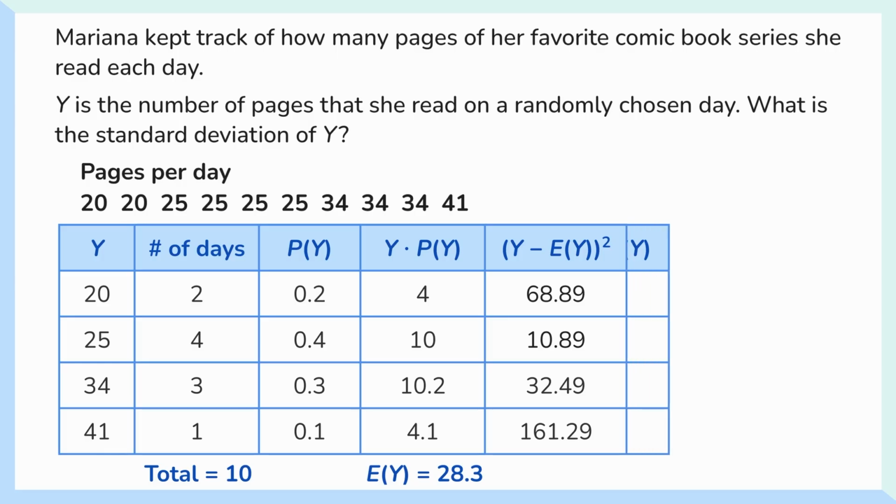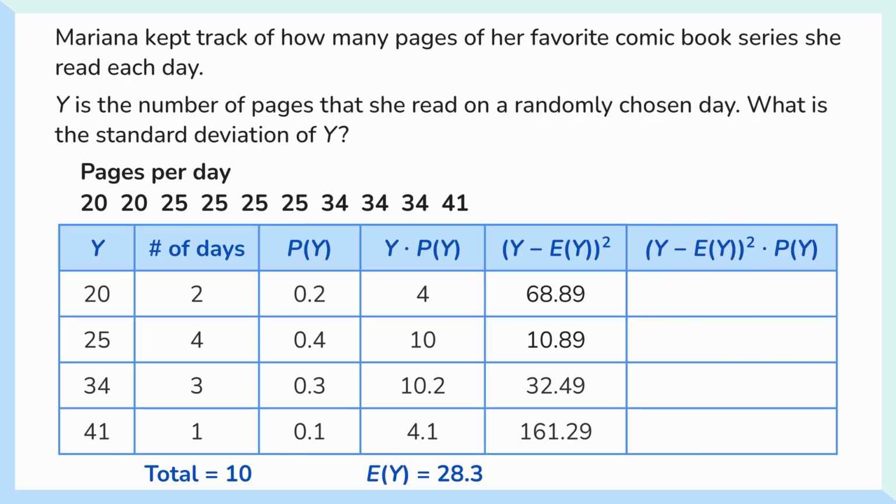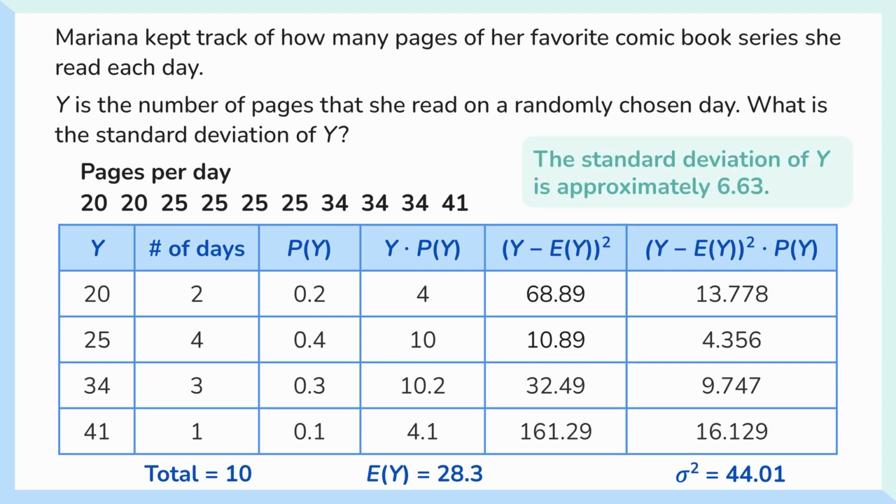Finally, we will multiply each of the squared deviations by its corresponding probability. 68.89 times 0.2 is 13.778, and so on. The sum of these values gives us the variance, 44.01. Now, to find the standard deviation, we take the square root of 44.01, which is approximately 6.63.